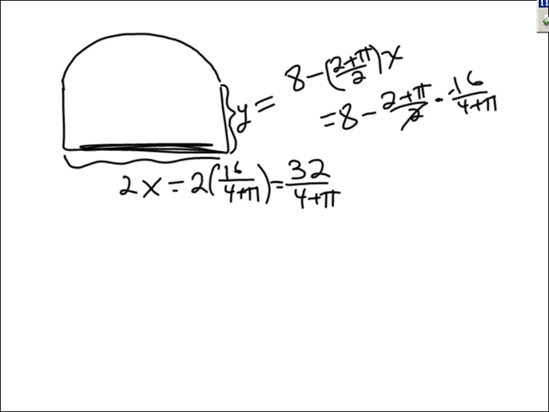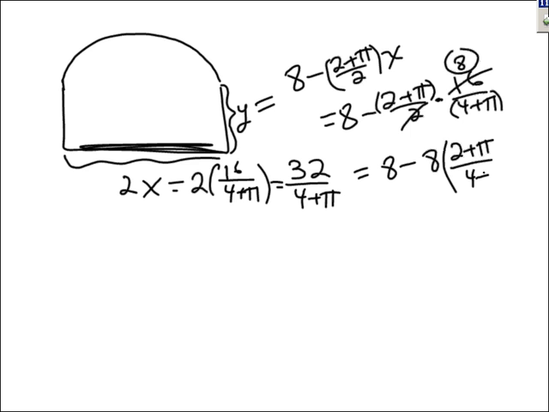Well, 2 is in the bottom and 8 is in the top. 16 is in the top. 2 goes into 16 8 times. So we have 8 minus, I'll write down that factor first, times the 2 plus pi over the 4 plus pi. And that's their height.